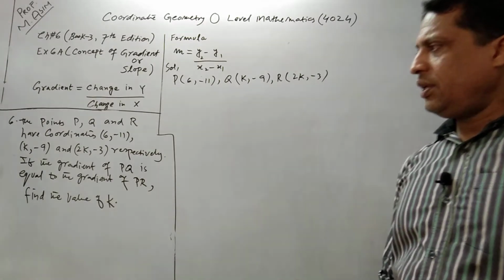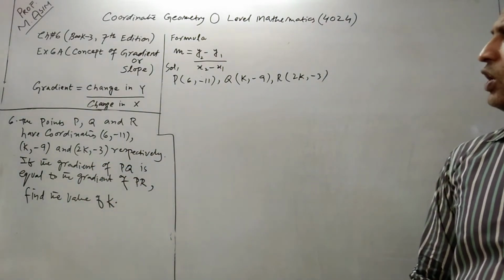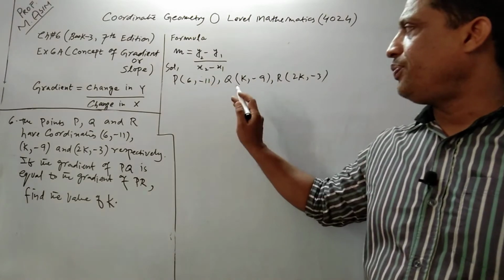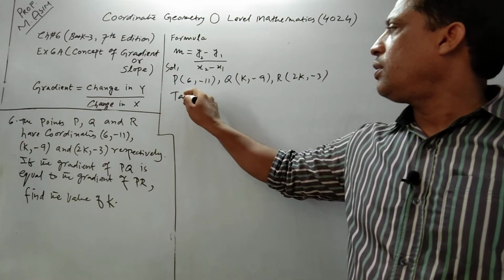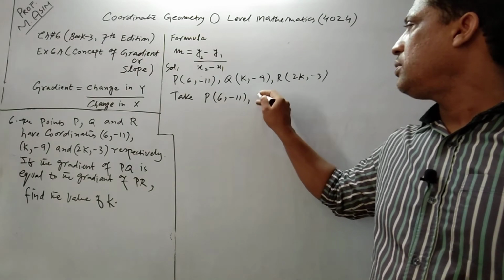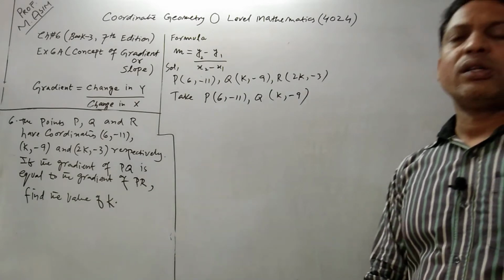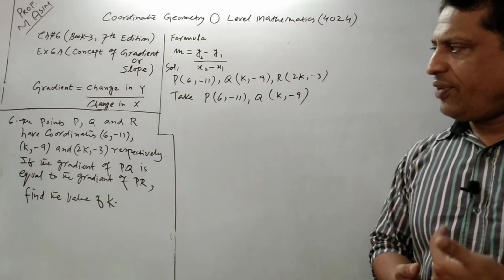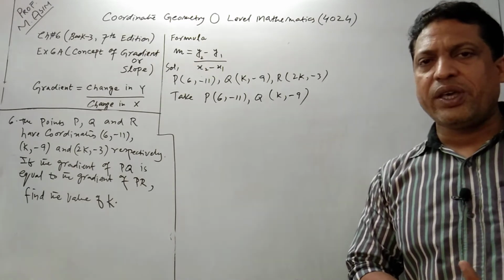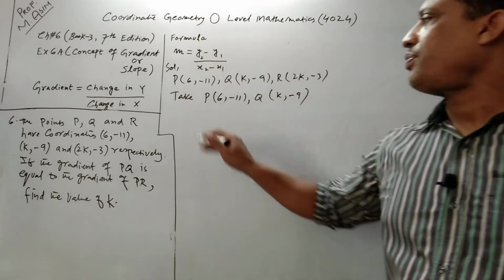According to the question, the gradient of PQ is equal to the gradient of PR. So first we have to find the gradient of PQ. Take P (6, -11) and Q (K, -9). Because we are going to find the gradient of PQ, I took only P and Q and left R.